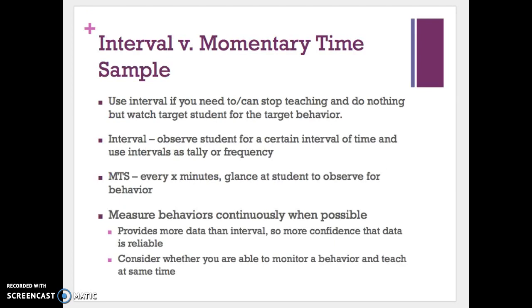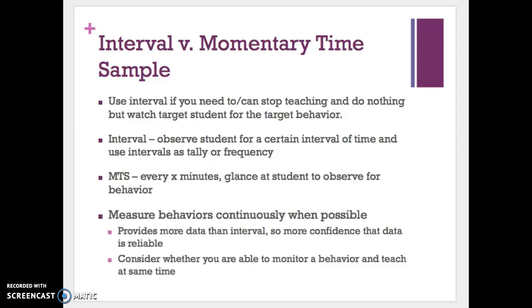So let's look at interval versus momentary time sampling. You use interval if you need to or can stop teaching and can do nothing but watch the target behavior. You would use interval to observe the student for a certain interval of time and use intervals as tallies or frequencies. Momentary time sampling would be every however many minutes you glance at the student to observe their behavior.